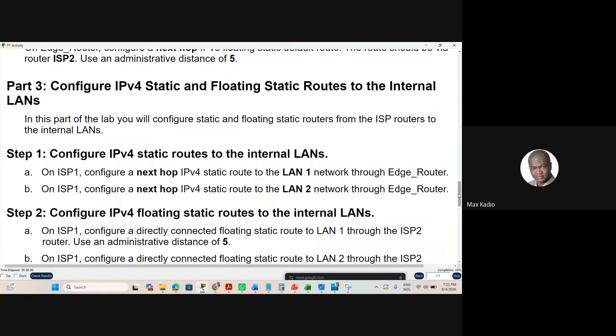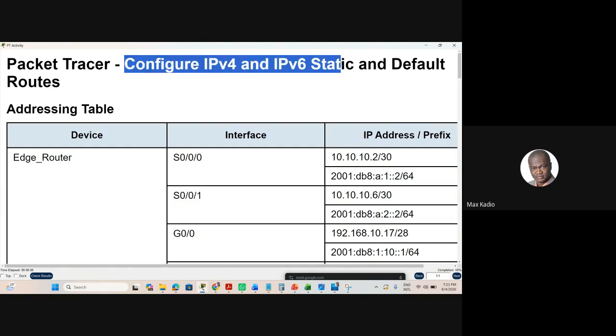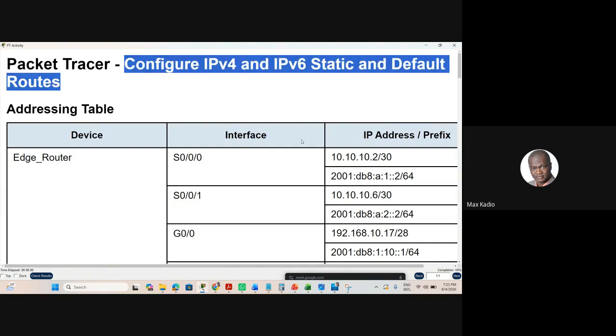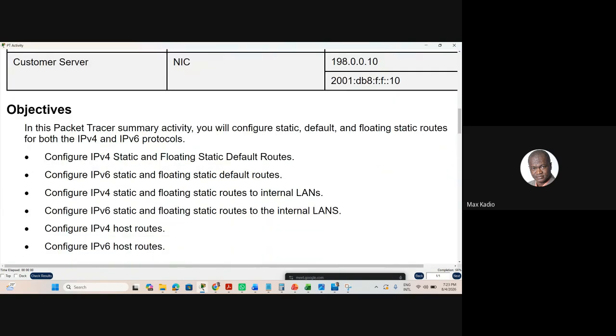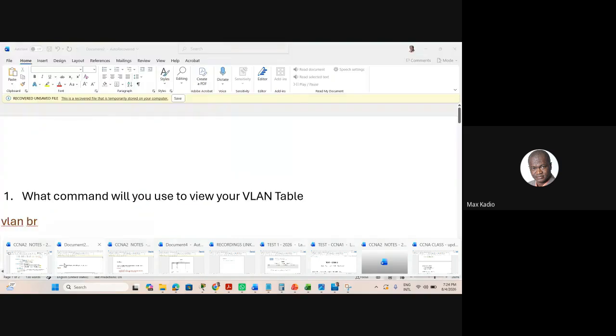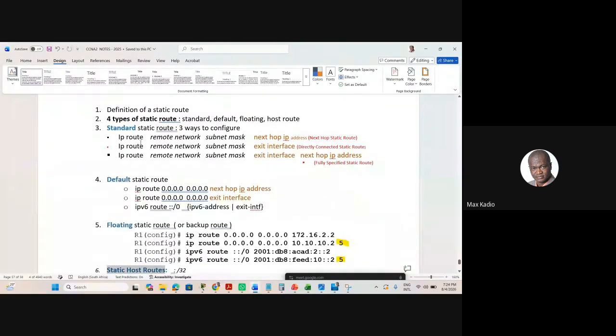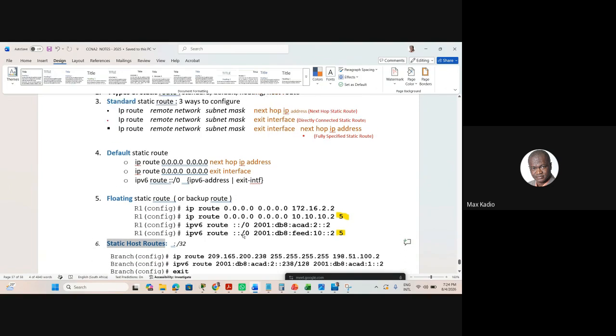For example, you see, configure IPv4, IPv6 static route and default route. Configure static floating, IPv4, IPv6, it will be the same thing. So anything that is here, that's why I did send you the picture and the file. Anything here will ask you to use one of them to do the configuration. That's all, nothing else.